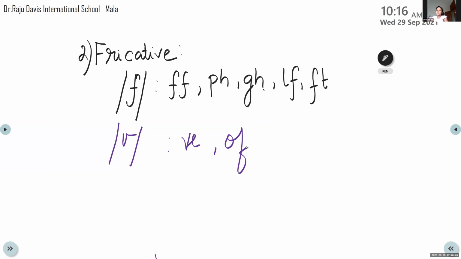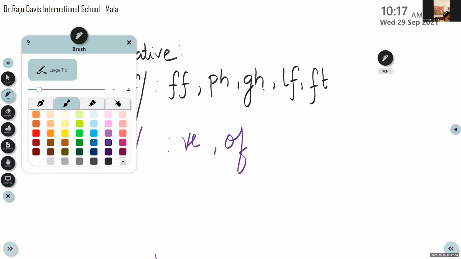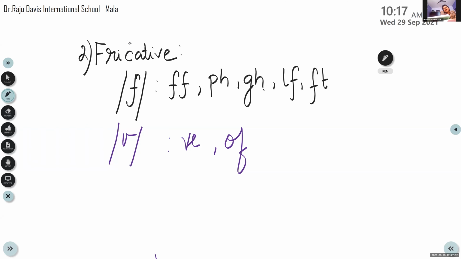Next we have th. Now we had two types of th. Please pay attention here because the symbol is also changing. Darshit, please mute your audio. We have two different symbols here and two different pronunciations for th, so please be careful.